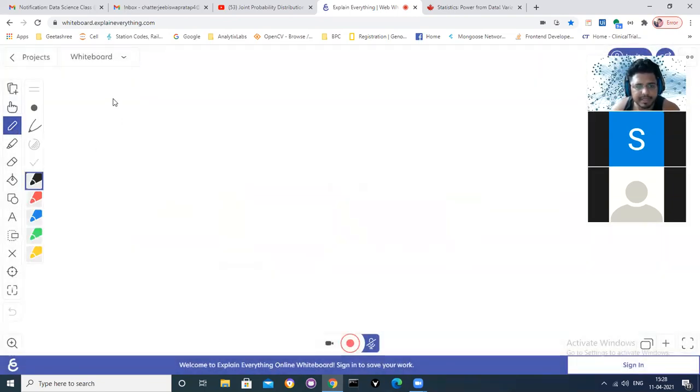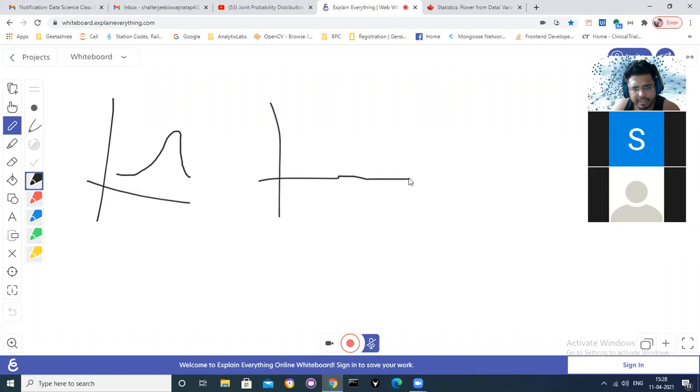A bell curve may be a little skewed like this. Okay, it can be skewed on the left, it can be skewed on the right. To convert any bell curve into a standard normal distribution, we use the z-score formula. What is the z-score formula? Z-score.